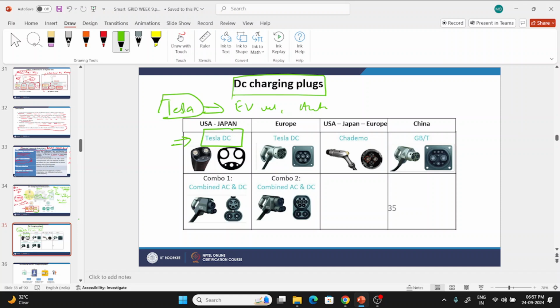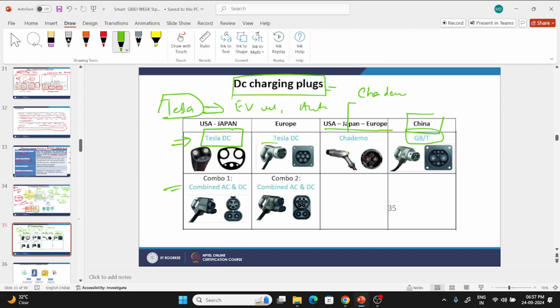In Europe, the standards are different, so the number of pins is different. In the USA and Japan, there is another type of charger known as CHAdeMO, and China has its own charging plugs.